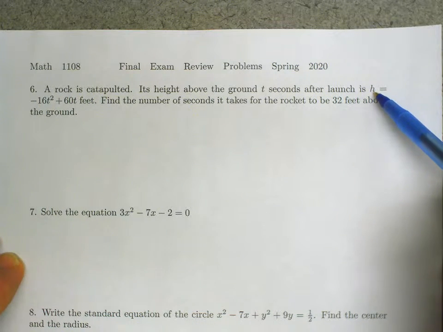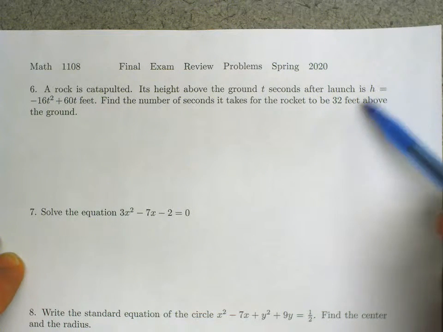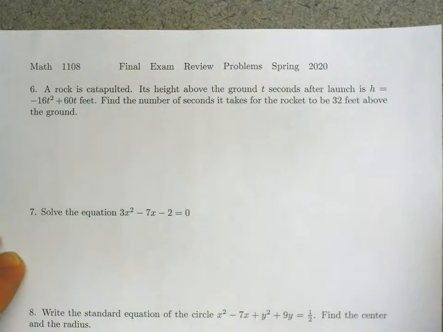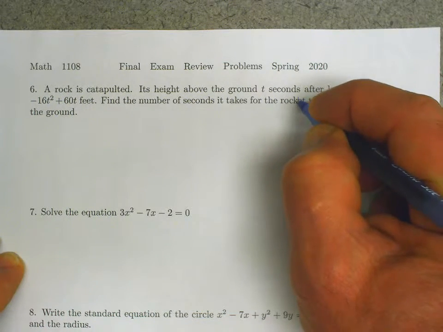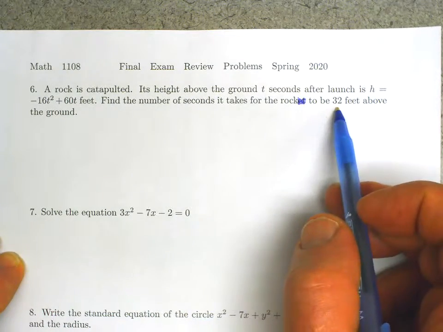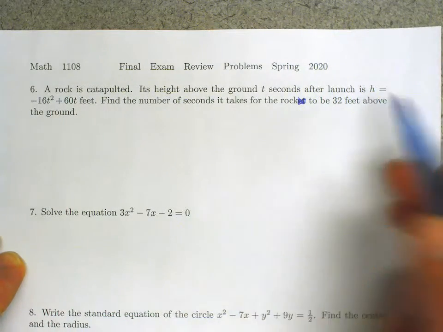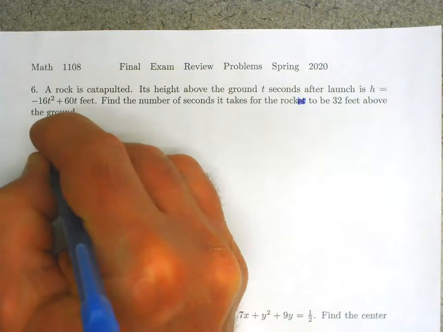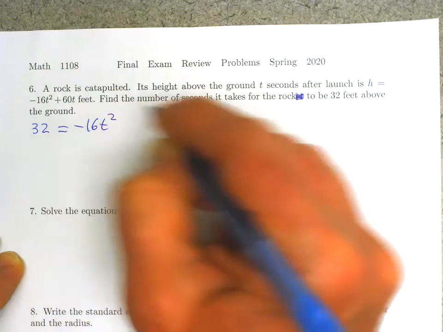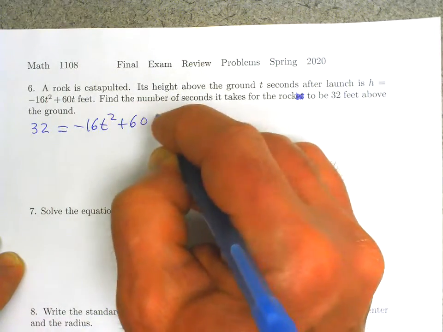Okay, so h itself represents the height of the rock. So in this equation, replace h with 32. So we get 32 equals negative 16t squared plus 60t.